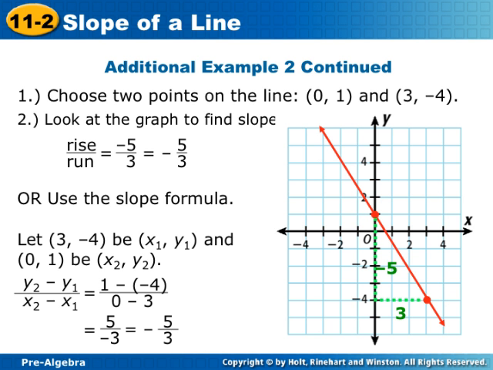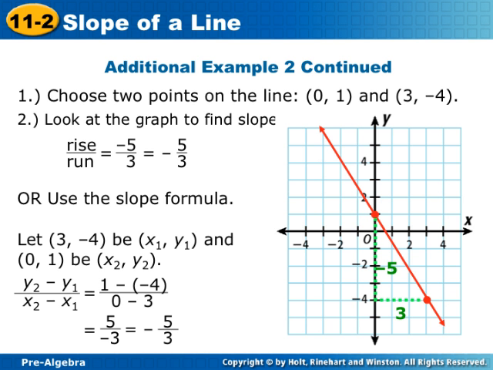And then to get the run, I count how many units to the right we're going, and that's 3 units to the right. Because we went down, that's a -5, and going to the right is a +3, so the slope is -5 over 3. When it's a negative number, you can also write it as just -5 over 3.